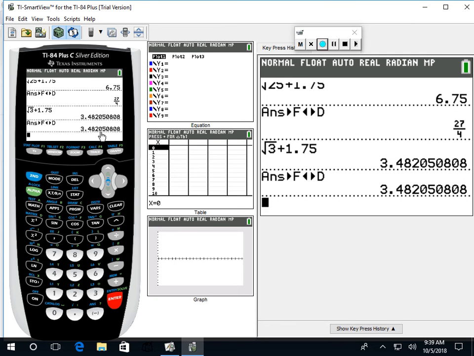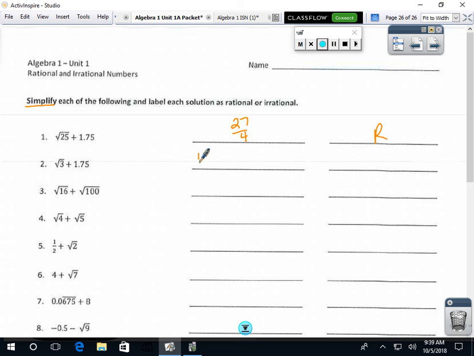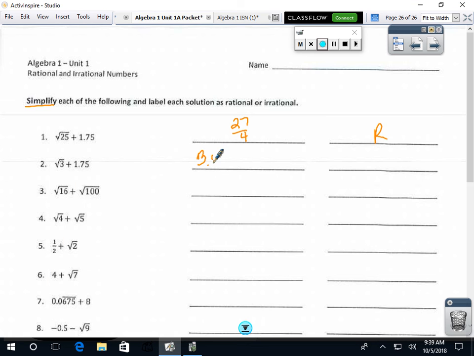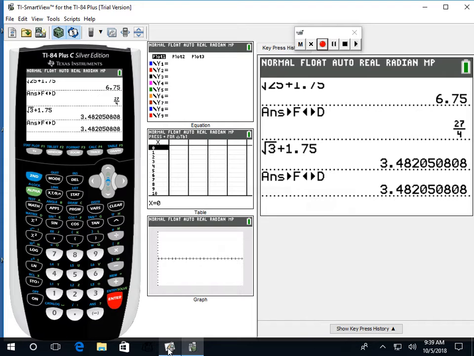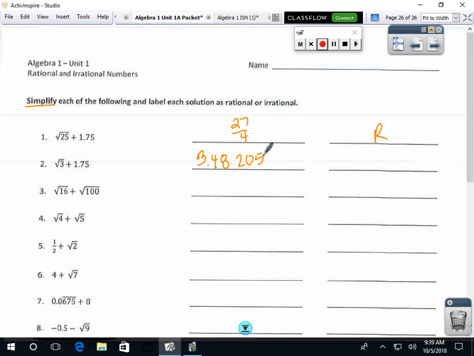It did not spit out a fraction, so that's the answer, 3.48205 and then 0808, I think, which is definitely considered irrational because it would not become a fraction.